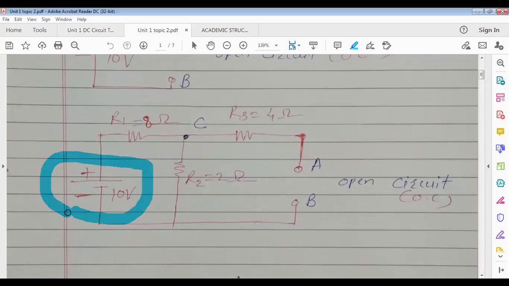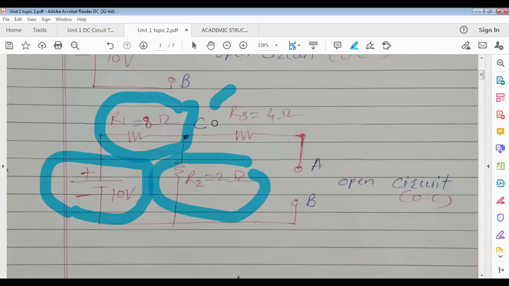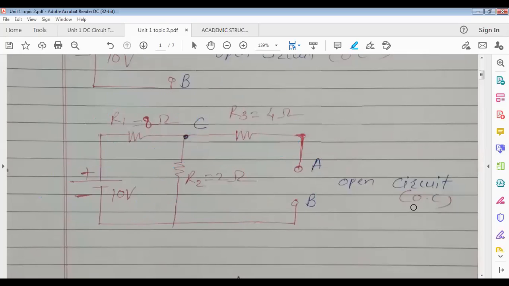Now you observe this circuit. A 10-volt battery is there, an 8 ohm resistance, here a 2 ohm resistance and a 4 ohm resistance, and here it's an open circuit between terminals A and B. Now how will the current flow? Suppose from the 10-volt source current starts. I'm going to mark it as I. Then this current I, once it reaches node C, will it flow through the 4 ohm?